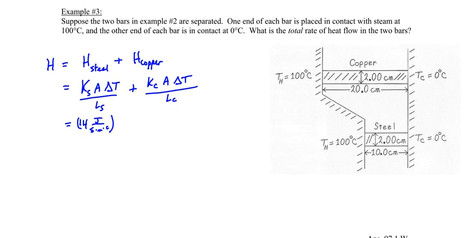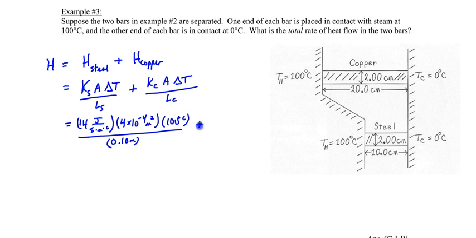And then we have the area. We will use the same area we had before, which is 4 to the power negative 4 meters squared. The change in temperature is 100 Celsius now, because we know from this end to this end is just 100 Celsius, and then divided by the length of the bar for steel is 0.1 meters.